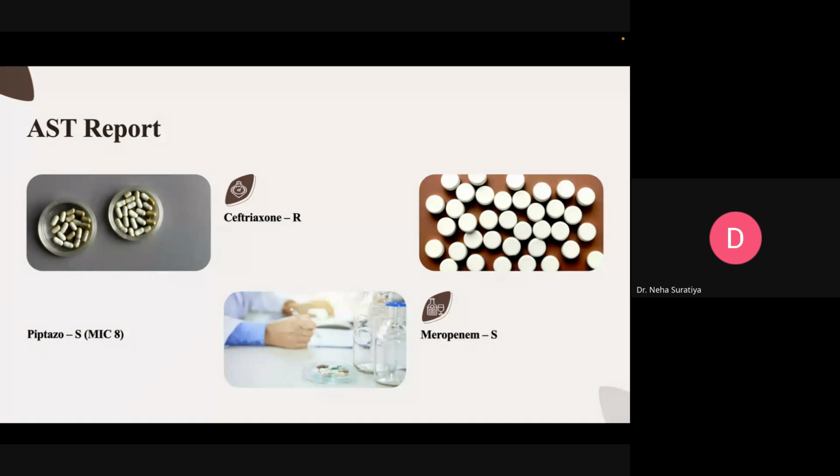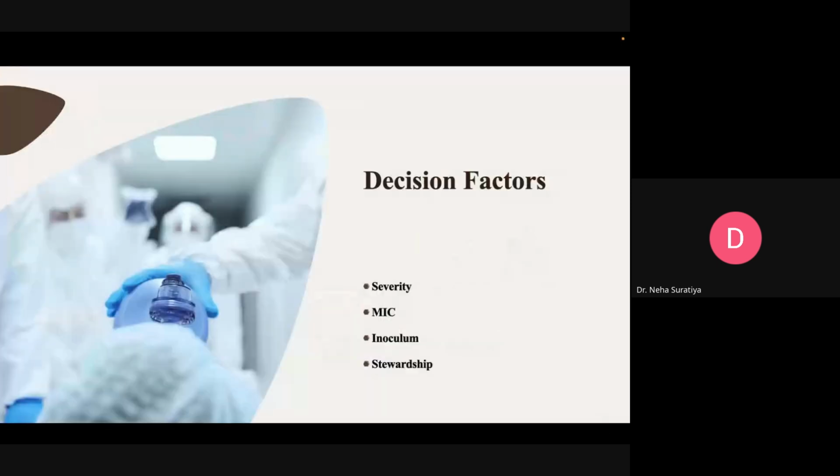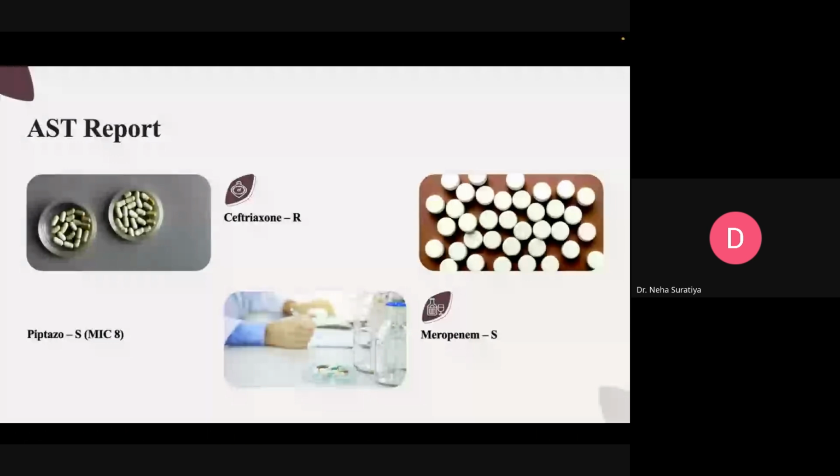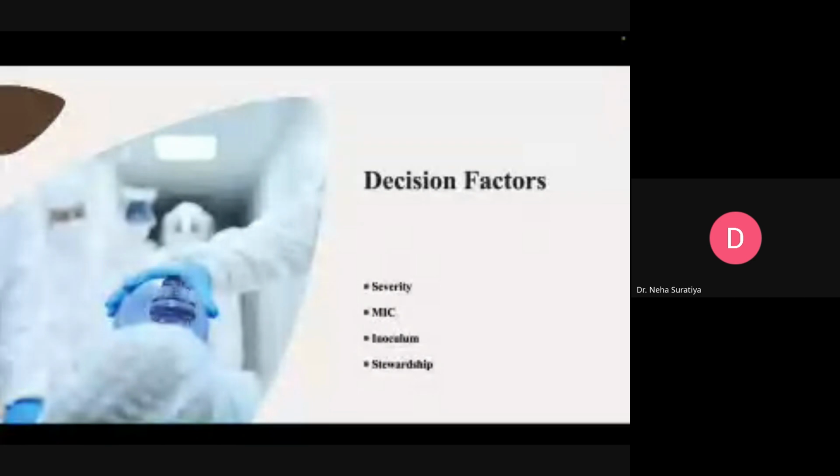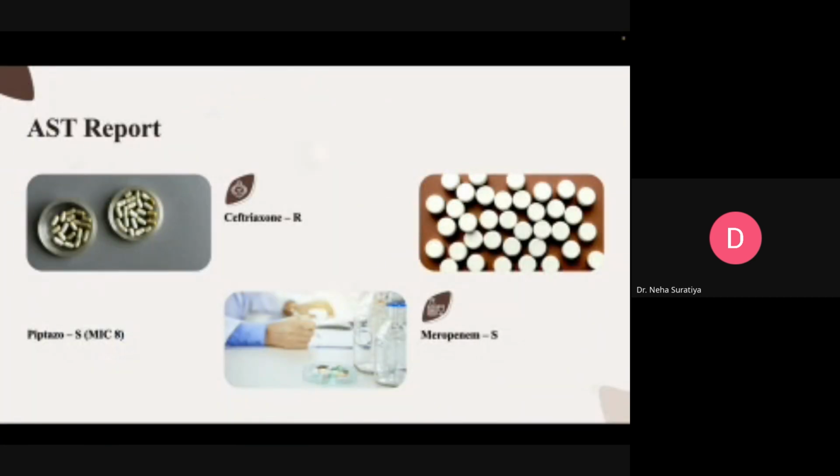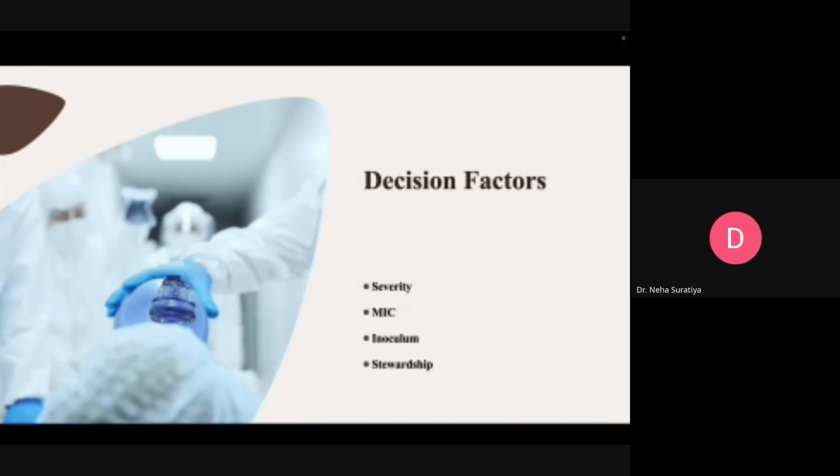You can see the other factors like this and guide further alternatives. If they are choosing piptazo with the treatment failure risk, and if treatment failure occurs in a few weeks, you can consider these decision factors and better suggest another option, meropenem and so on. So this is how you can make a very big impact, right?